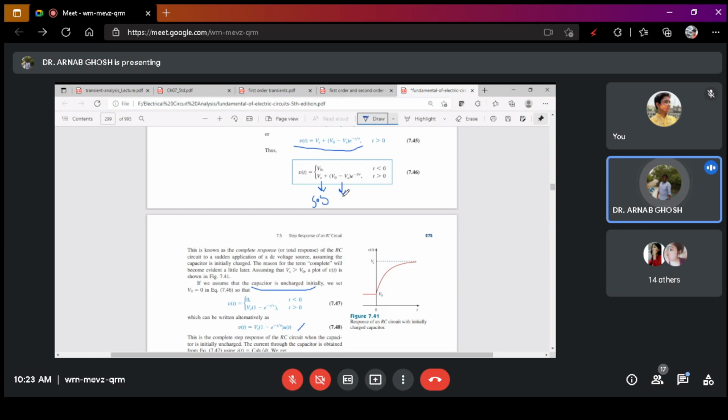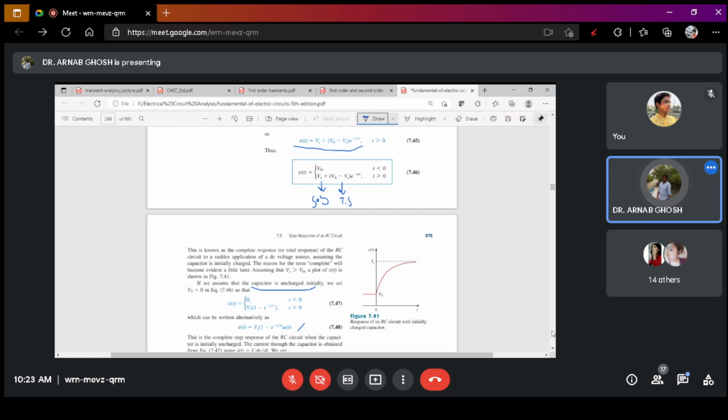So when I am talking about a forced response, I am getting two responses: one is the steady state response and another is the transient state response. So this is how you get the values of the voltage.